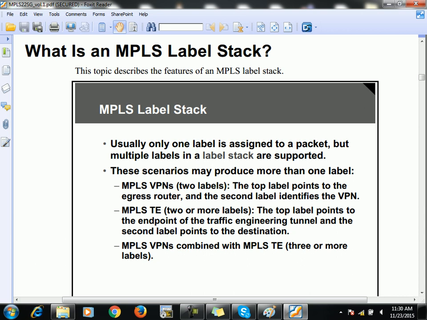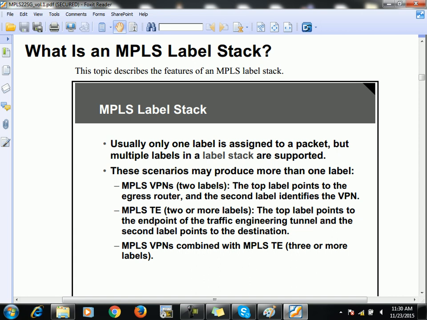Label stack: usually only one label is assigned to a packet, but multiple labels in a label stack are supported. These scenarios may produce more than one label. If you are using the following scenarios, then you may need to add multiple labels in between layer 2 and layer 3 header.